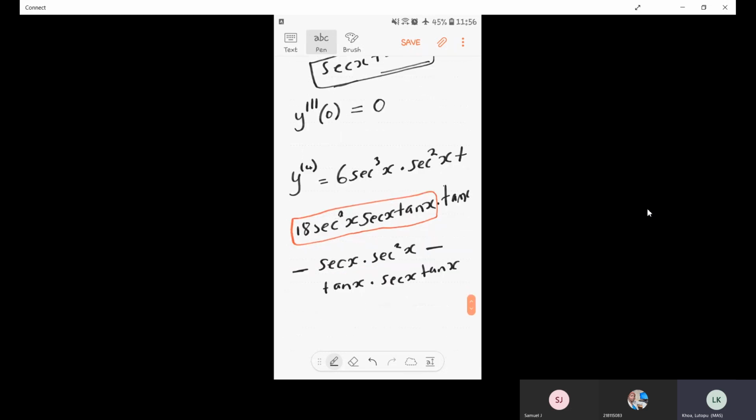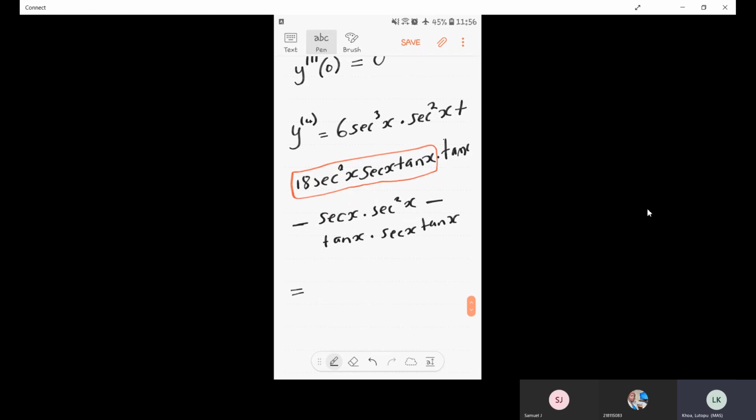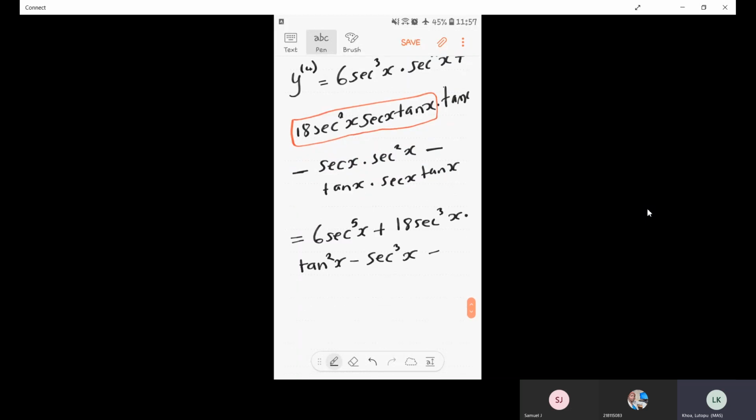So we can simplify this and see what we get. For the first one, I have 6 sec to the power of 5 of x, and then plus 18 sec to the power of 3 of x, multiplied by tan squared of x, and then minus sec to the power of 3 of x, and then minus tan squared of x times sec x.